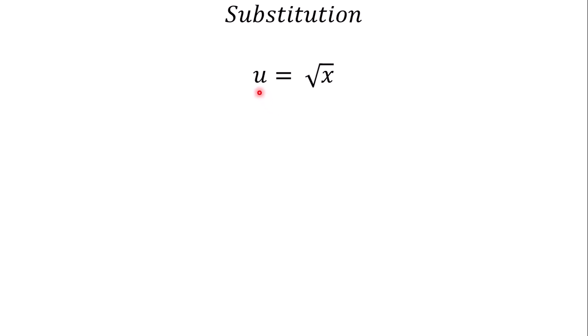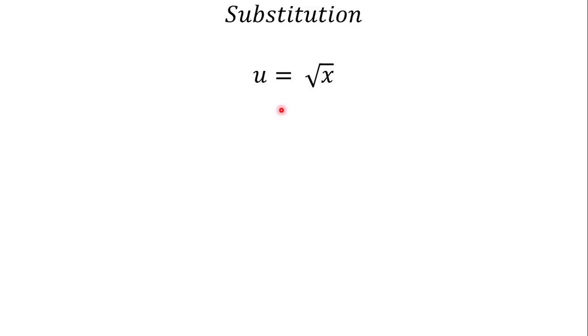Here the variable is U. So since we are moving from the x world to the U world, we don't have to see the x, but we have to see the U. So we have to find what is going to replace the x in the U world.